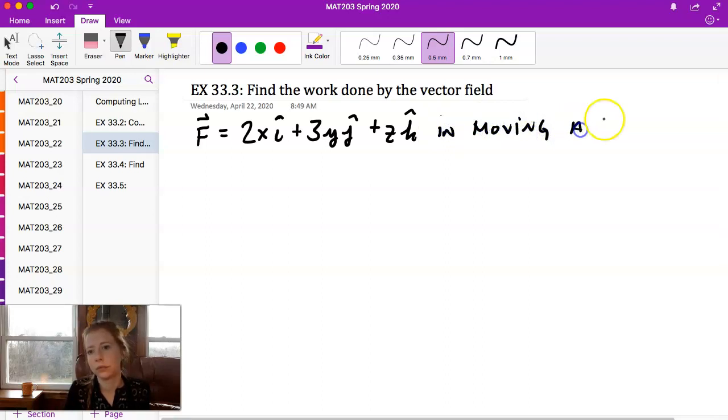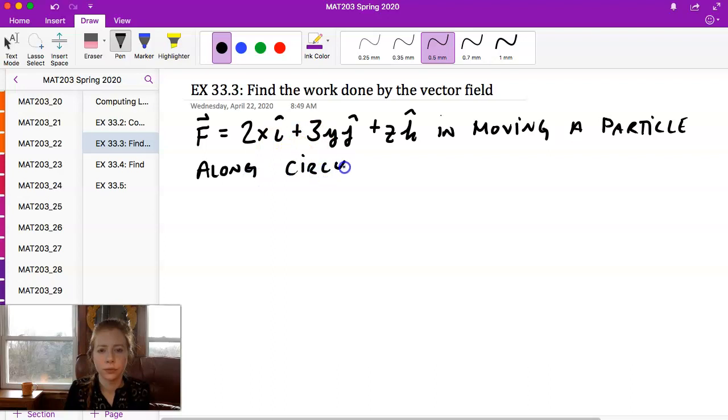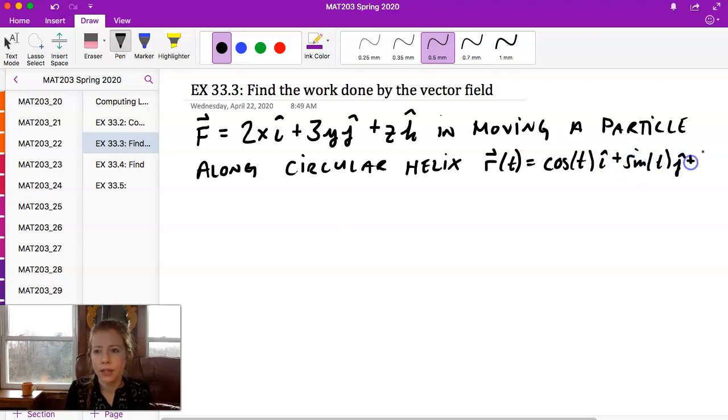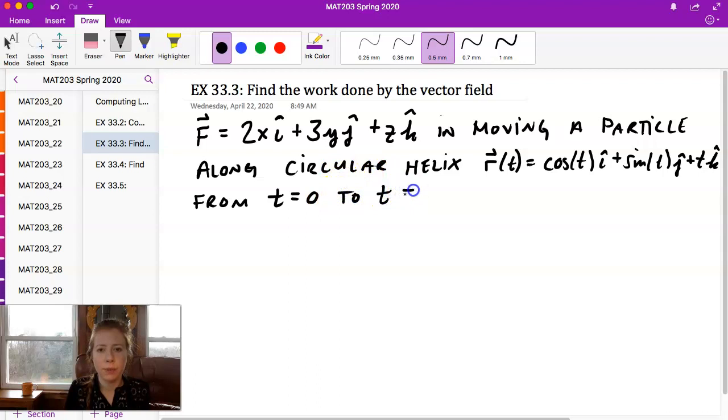a particle along the circular helix, given by r of t is equal to cosine t i hat plus sine t j hat plus t k hat from t equal to 0 to t equals pi.